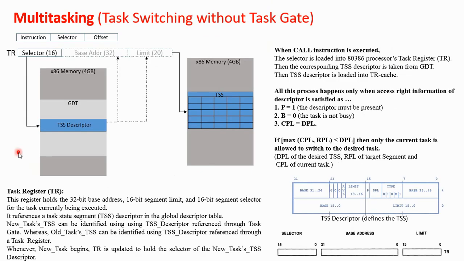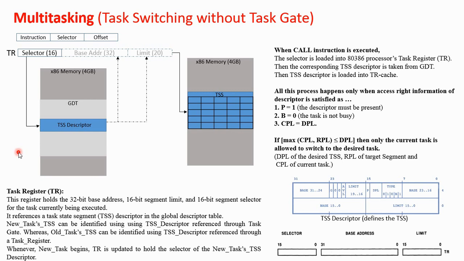Now we will see multitasking, that is task switching without a task gate. We know that whenever a task switch occurs, the 80386 microprocessor saves the contents of the old task in a TSS and loads the context of the new task from another TSS.